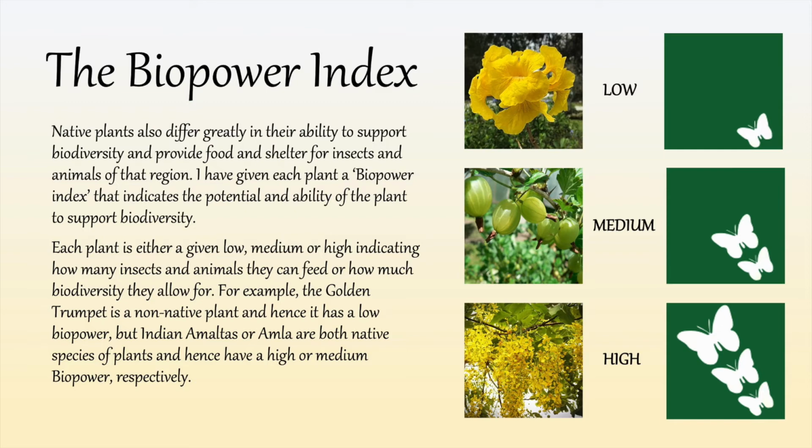Each plant is either given a low, medium, or high, indicating how many insects and animals they can feed or how much biodiversity they allow for. For example, the golden trumpet is a non-native plant and hence it is given a low biopower. But the Indian amalthus or amla are both native species of plants and hence they have a high or medium biopower respectively.